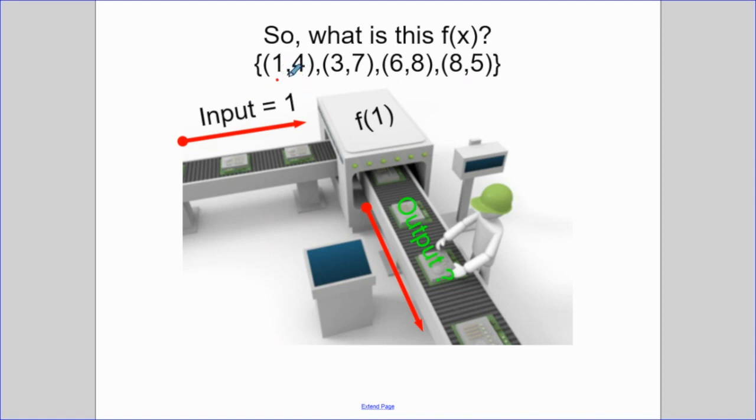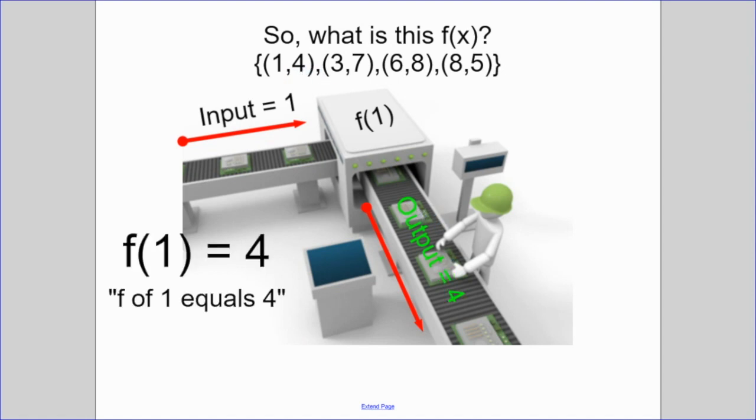If 1 is our input with this ordered pair, what is our output? When x is 1, our y is 4. So when our input is 1, our output is 4. And how we write it in function notation is f of 1 equals 4. And that's how we say it, f of 1 equals 4.